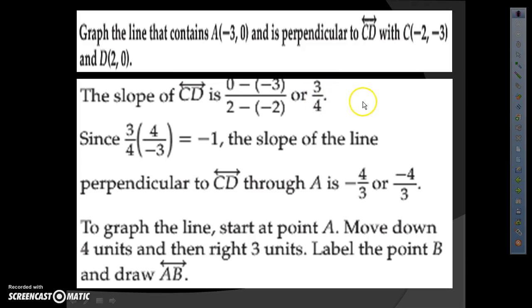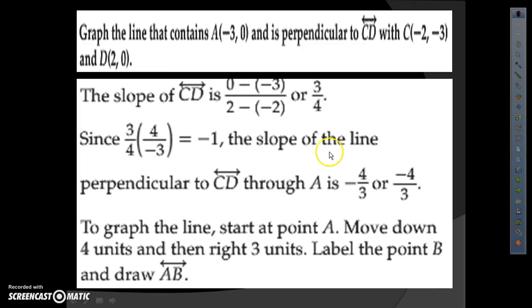Okay, well, if I'm going to draw a line that is perpendicular to that, then I need the slope of my new line to be the multiplicative inverse or the opposite reciprocal of 3 over 4. Whatever value will give me a product of -1 when I multiply it by 3 over 4 is the slope of my new line.